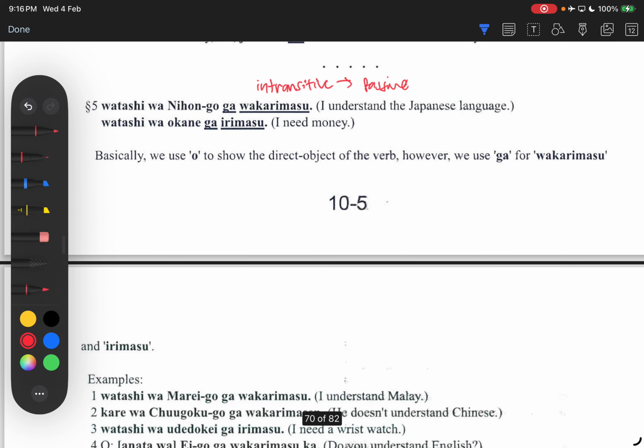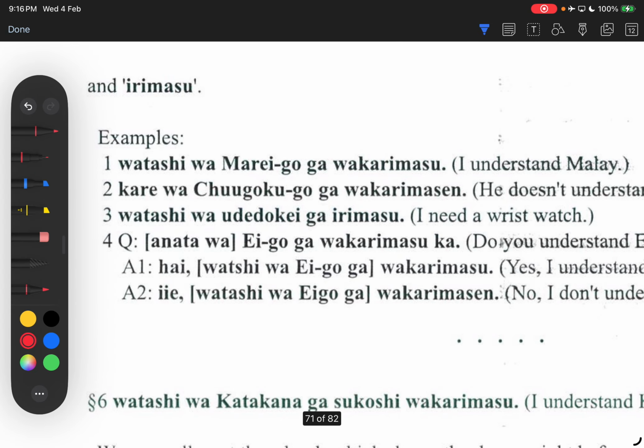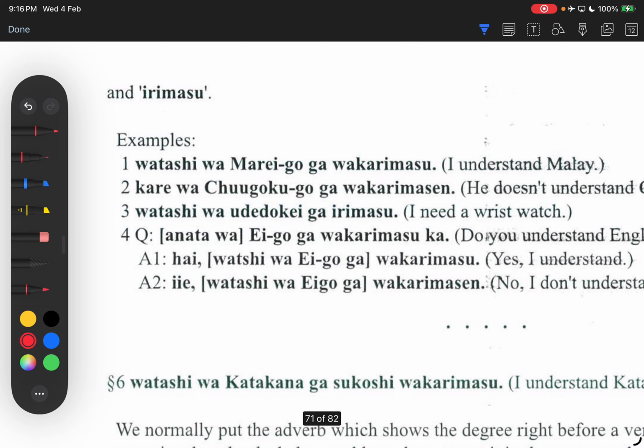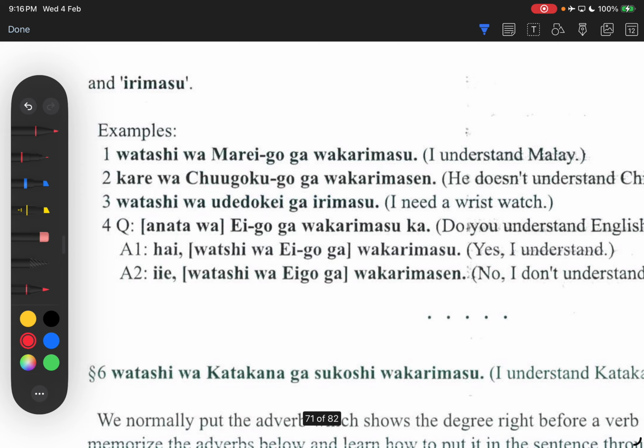For example, number 1. マレーシアはマレー語がわかります。So, I understand Malay. マレー語がわかります。Number 2. 中国語がわかりません。So 中国語 is our object here that we don't understand. 中国語がわかりません。Number 3. 私は腕時計がいります。So I need a wristwatch. 腕時計がいります。So all these verbs, わかります、いります are all passive.